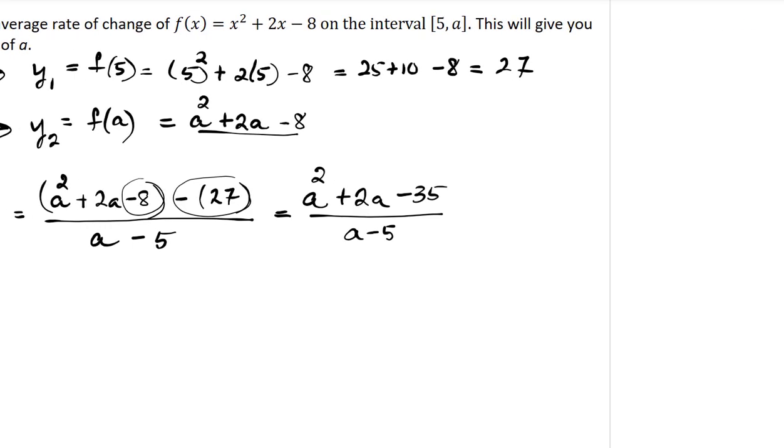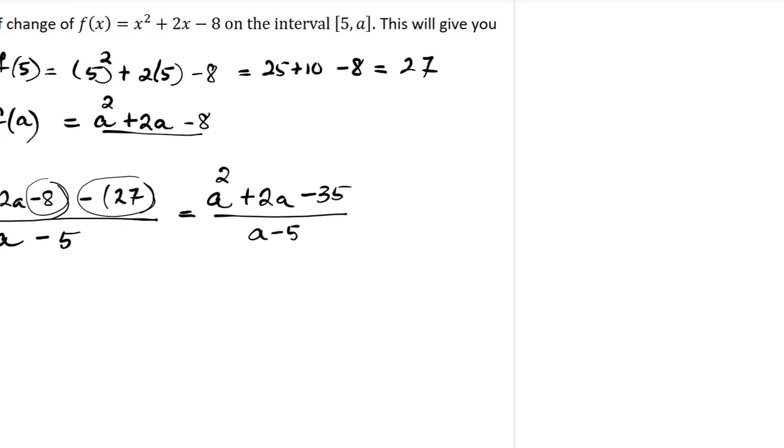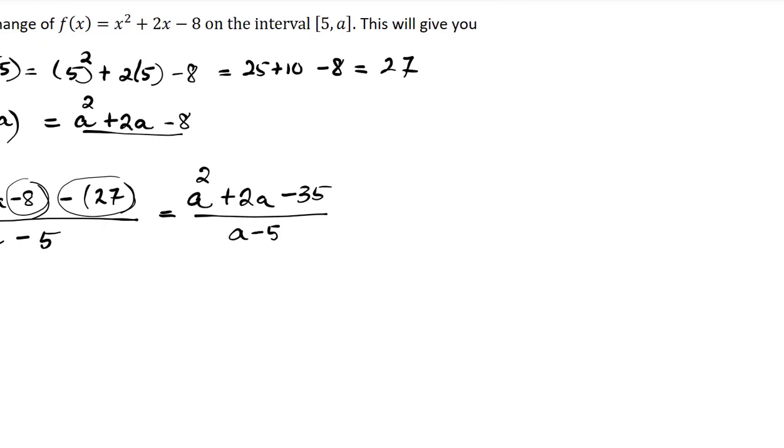Now we want to reduce this expression. So to do this, we need to make sure that the numerator and the denominator are in factor form. So we're going to factor the numerator, which is a quadratic expression. We want to think of two numbers that multiply to the product of the leading coefficient and the constant term.